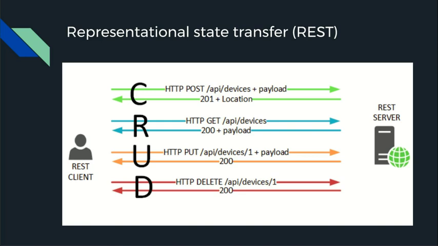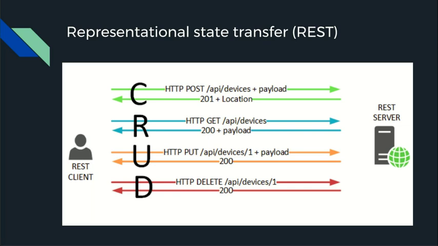So if a client wants to create an entity on the backend server, it sends an HTTP POST request to the endpoint with the data you have to create, and the backend server returns the result to the client, for example status success. To read data, the client will send an HTTP GET request and will receive the data you want to read.